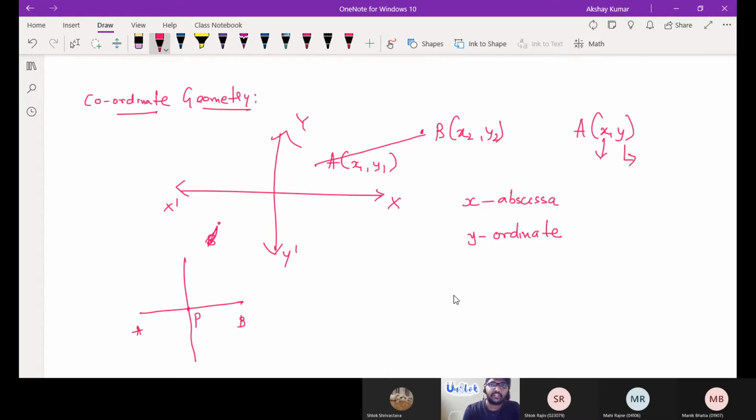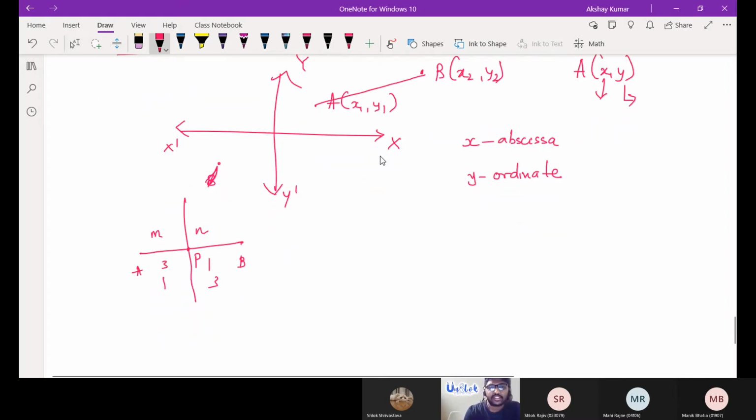Now, whatever ratio you divide in, it can be any ratio like M and N. For example, 2 parts this side and 1 part on the other side, or 3 parts here and 1 part here, or 1 part here and 3 parts here. There will be some ratio with which you are doing the division. So what you will learn here is something called the section formula.